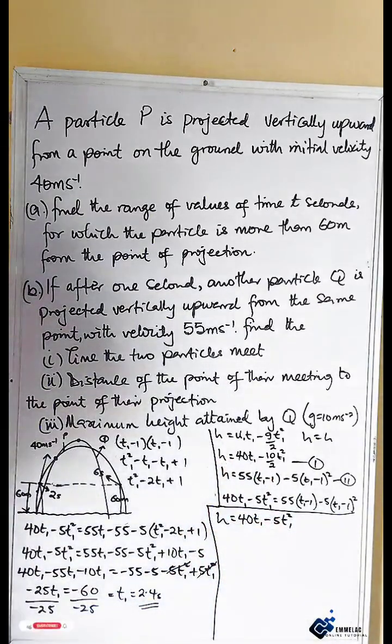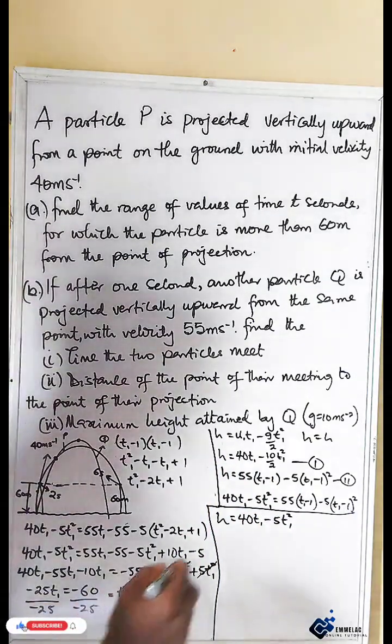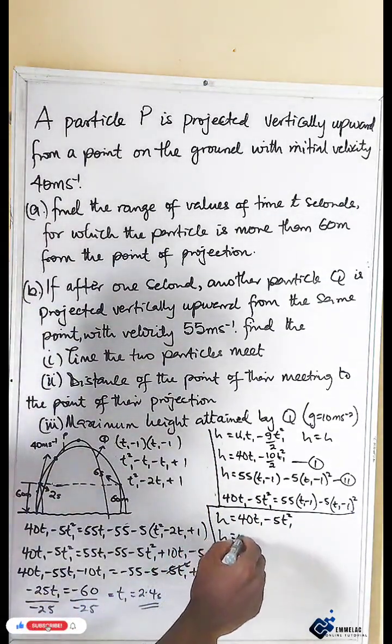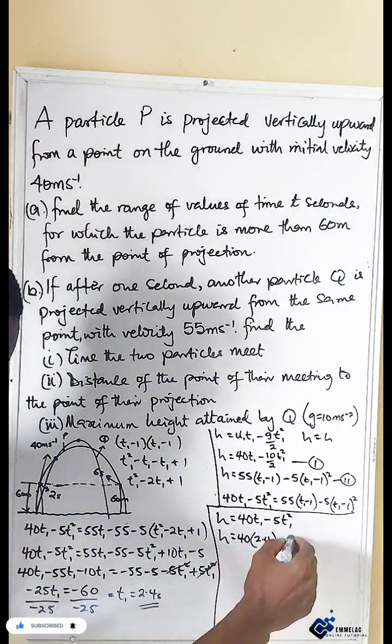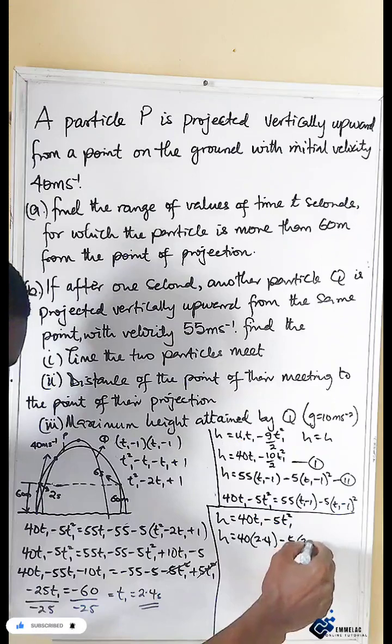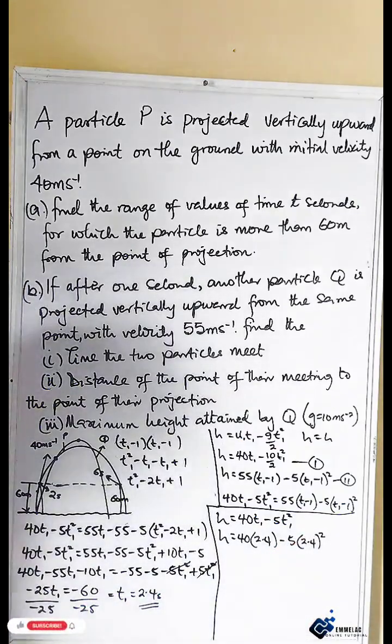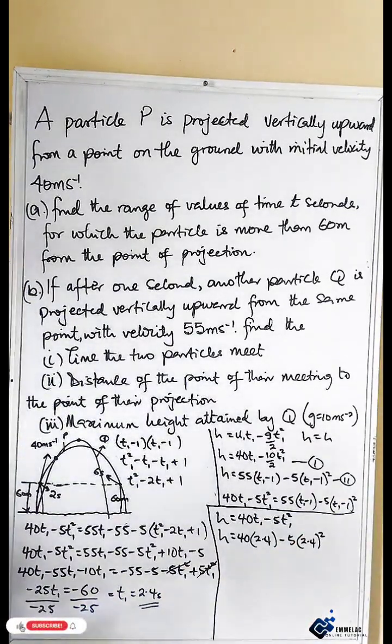Now plugging in the value of t1 to ascertain the height, here you have that h equals 40 into 2.4 then minus 5 into 2.4 all raised to the power of 2.